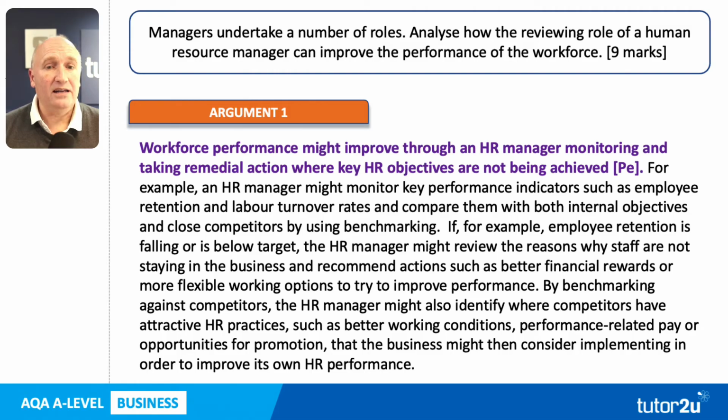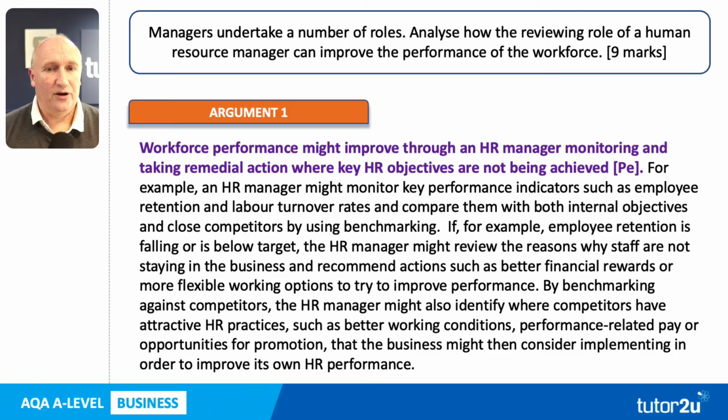By benchmarking against competitors, the HR manager might also identify where competitors have attractive HR practices, such as better working conditions, performance-related pay, or opportunities for promotion, that the business might then consider implementing in order to improve its own HR performance.